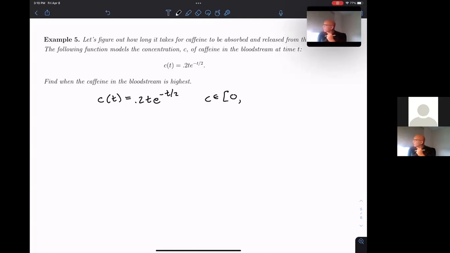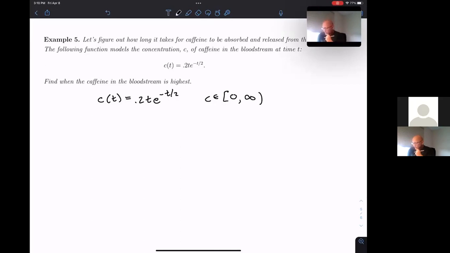Well, you might say, is it an hour, 2 hours, 3 hours? I really don't know. Just from this model alone, I don't have a good sense of a largest value of t. It seems like t can be anything positive, and so I should really allow my interval to go off to infinity. So without any extra information, I'm going to have an unbounded, infinite interval in this case.